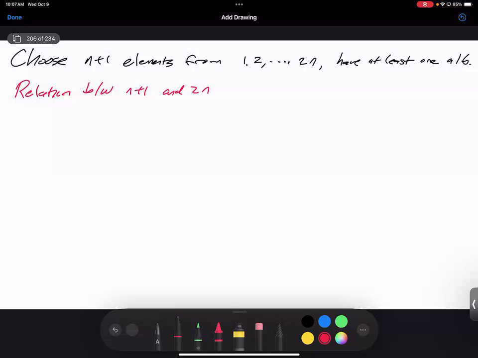It's n plus 1 elements and it's 2n objects. What's the relationship you think between n plus 1 and 2n? 2 times n plus 1 is greater than 2n. But for the previous one, 10 was the square root of 100. How would you view n plus 1 relative to 2n?